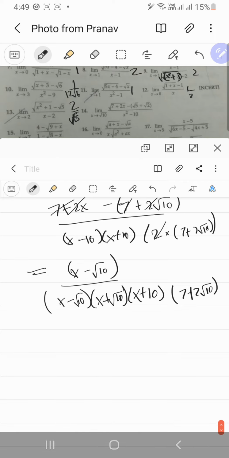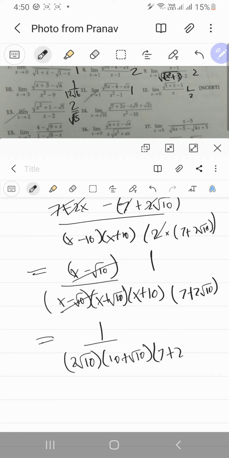Okay, and now first of all cancel this thing out, and now we can put square root 10 into this. So this should be 1 upon 2 square root 10, 10 plus square root 10, 7 plus, what is this really? Wow, this is bad.